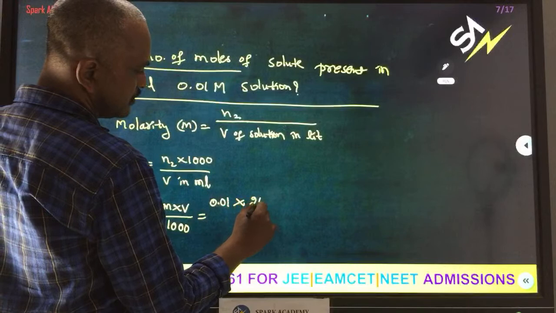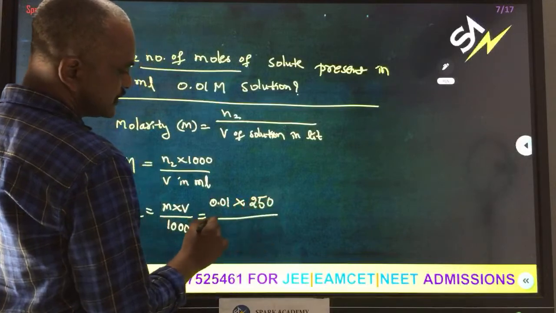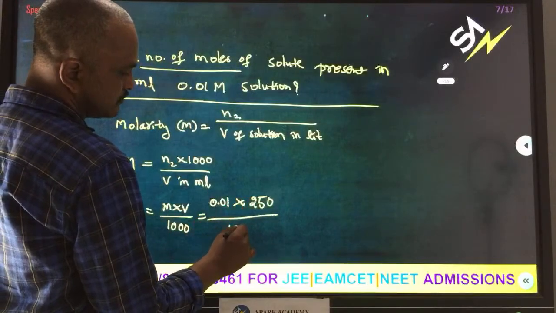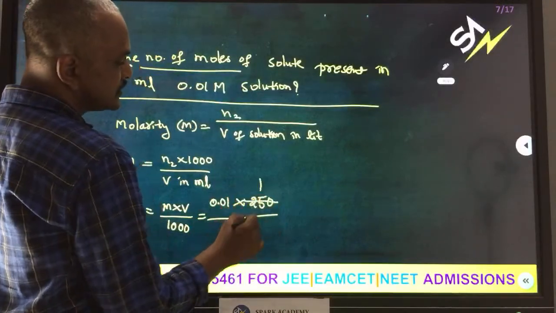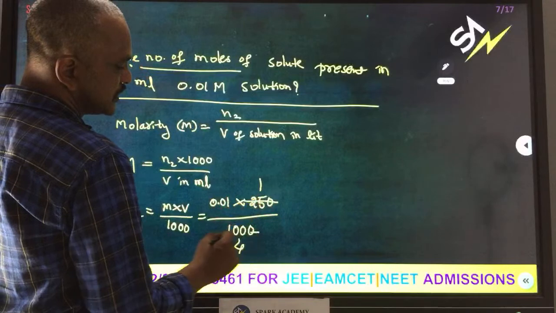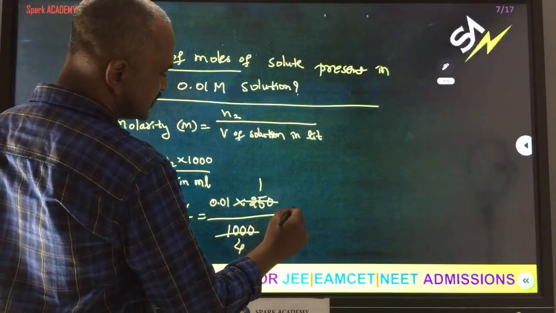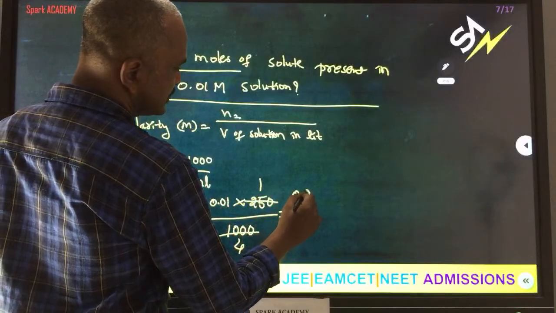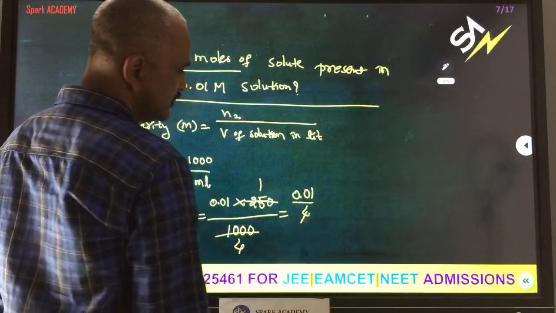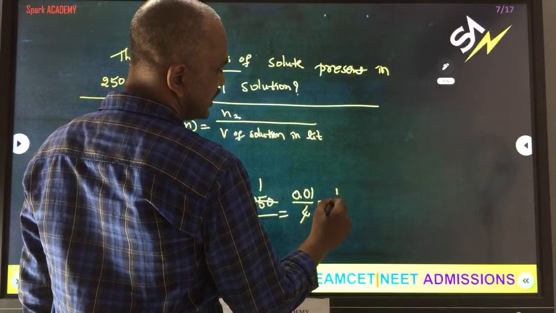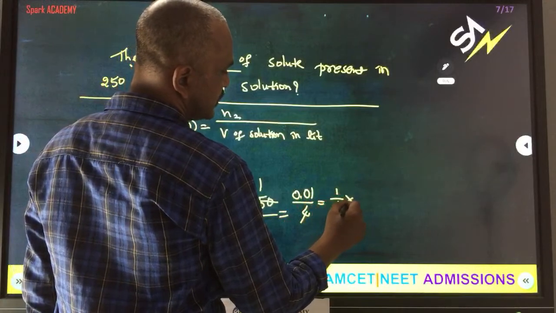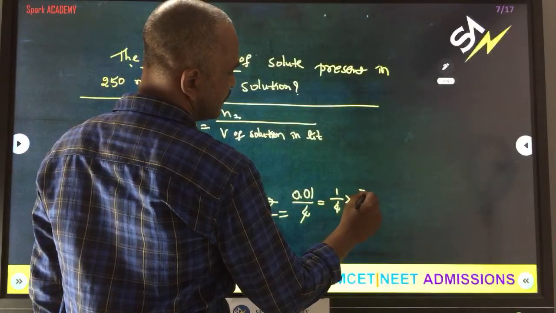250 milliliters by 1000. Understood? 250 divided by 1000 gives 1 by 4. So what comes here? 0.01 by 4. This we can write as 1 by 4 into 10 to the power of minus 2.